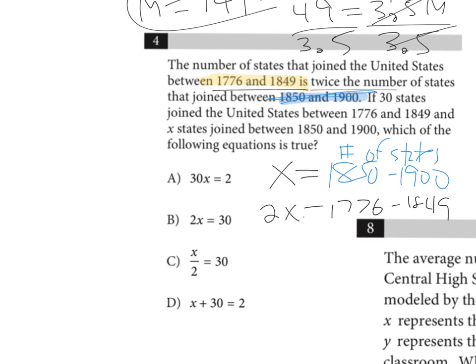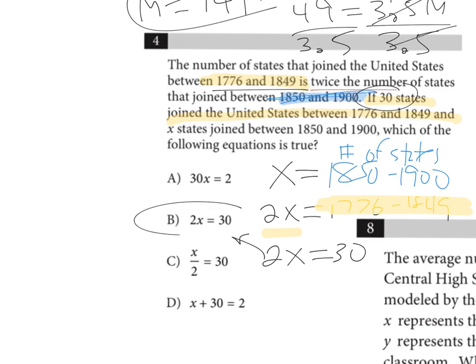So that's going to be 2x. It says if 30 states joined between 1776 and 1849. So 1776 to 1849 is 2x. So if 2x equals, in this case, 30, which of the following equations must be true? Here you go, answer choice B. 2x equals 30. So we used algebra skills to set up a let statement to go about getting our answer.